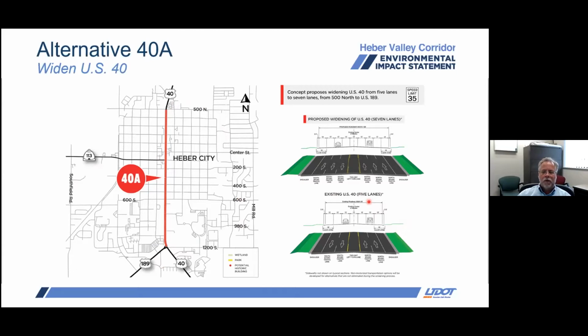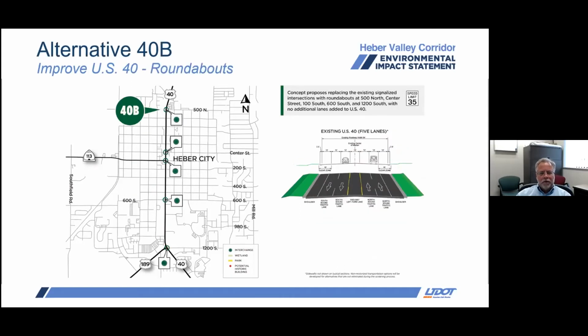This alternative would add an additional lane, one for northbound, one for southbound, for a total of 7 lanes. Right now, we don't know how that widening would happen. We could be widening to the west, or widening to the east, or splitting the difference, and we'll figure that out as we work through the process.